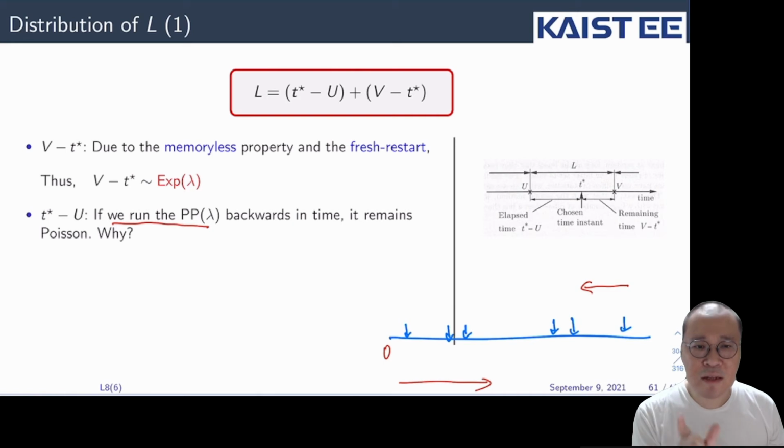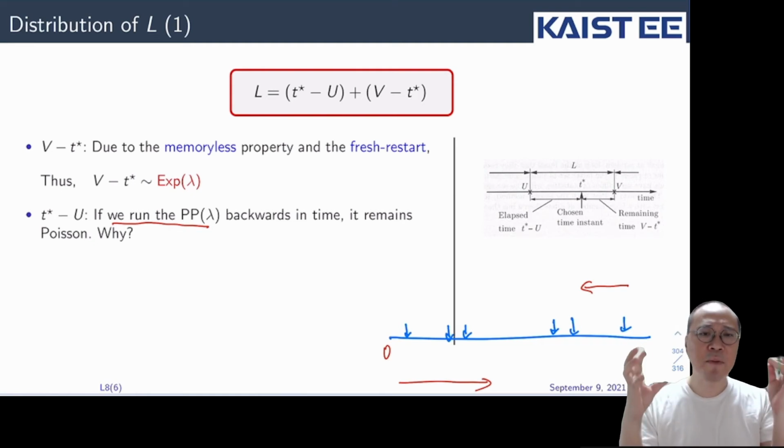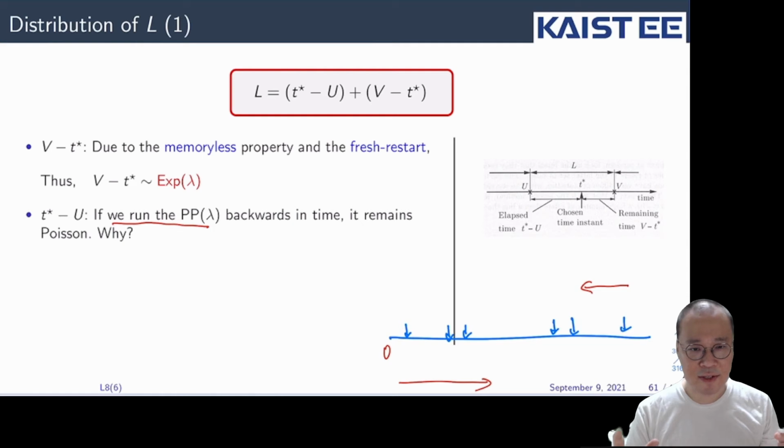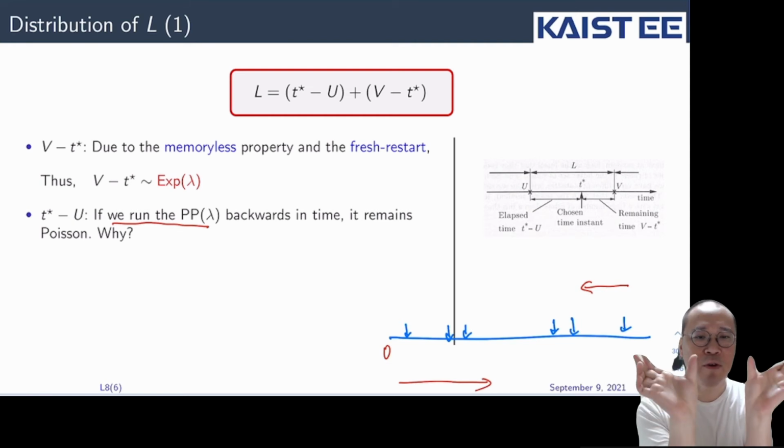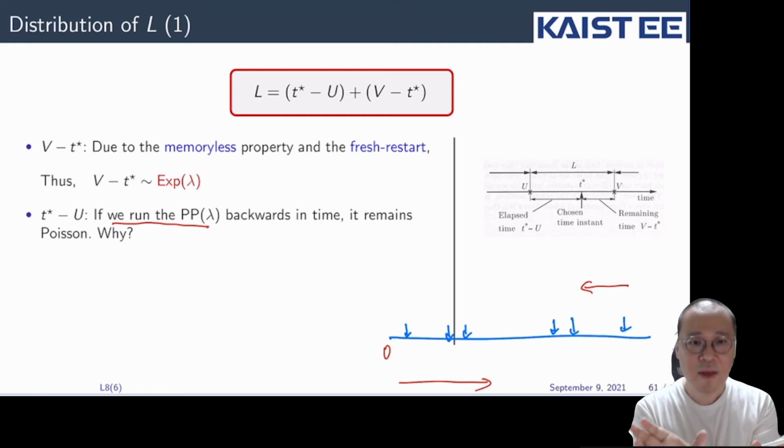Well, if you look at the Poisson process in backward time, that is also a Poisson process. And why is that? Because if you think about the definition of the Poisson process, we have an independent number of arrivals over different time intervals, and over a very short time interval, we have only one arrival, and things like that.